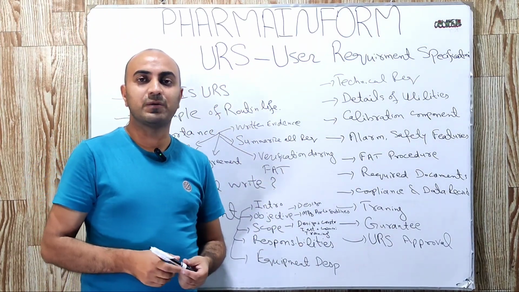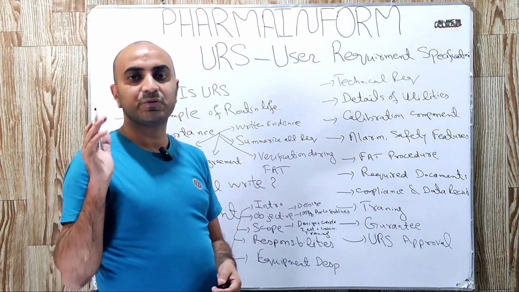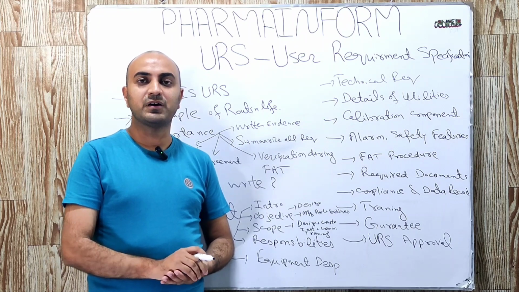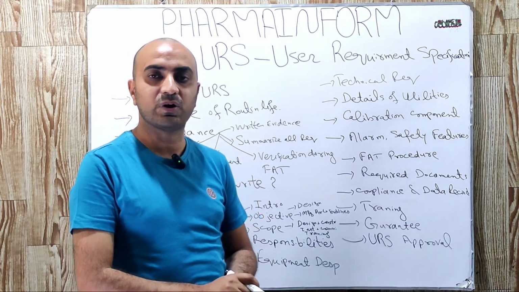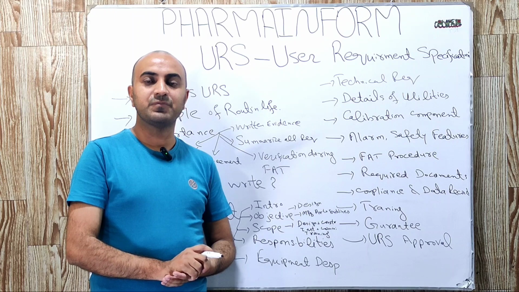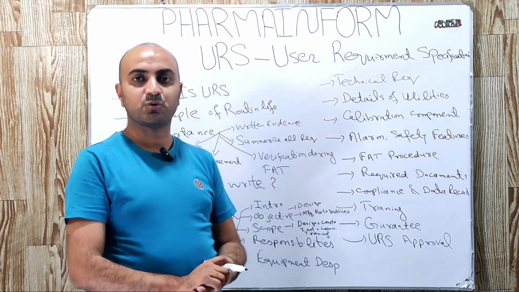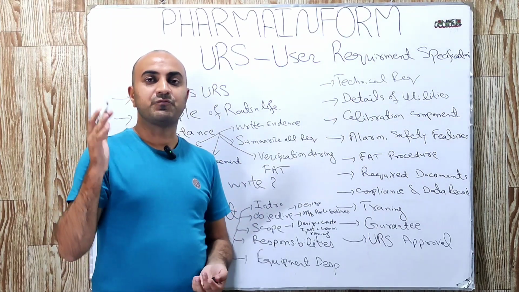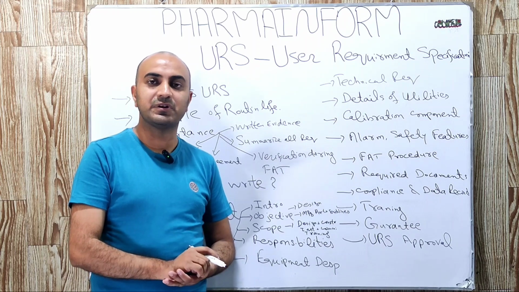I will try to elaborate URS by a routine life example. Suppose any one of you wants to purchase a mobile phone. First of all, you must think which type of RAM you require, what will be the memory of RAM, what will be the storage memory of the mobile phone, what will be the resolution of the camera, fingerprint availability, face detection sensor availability.